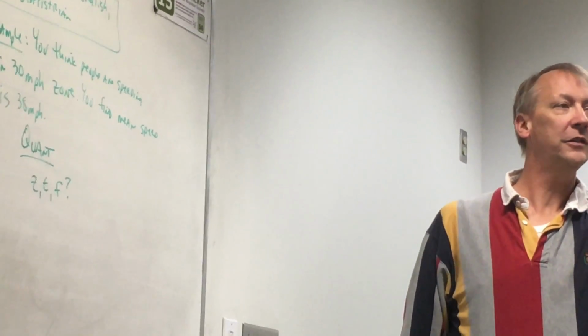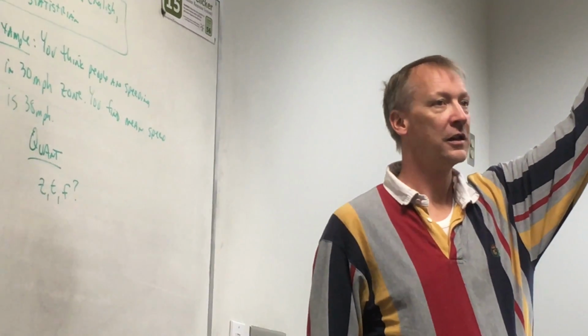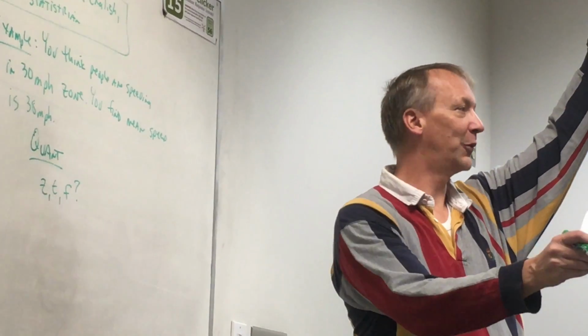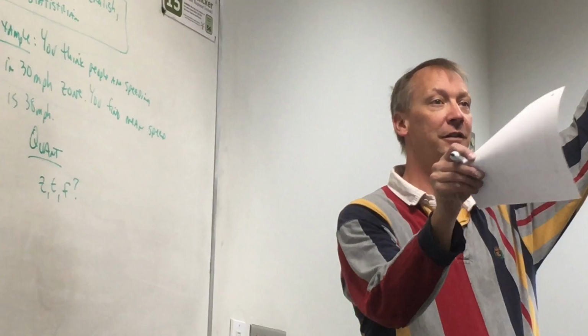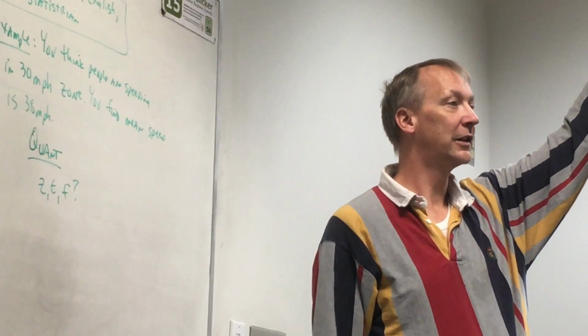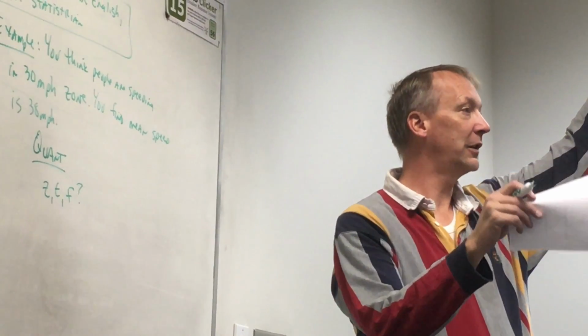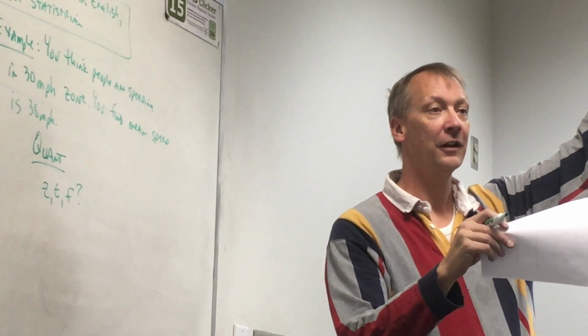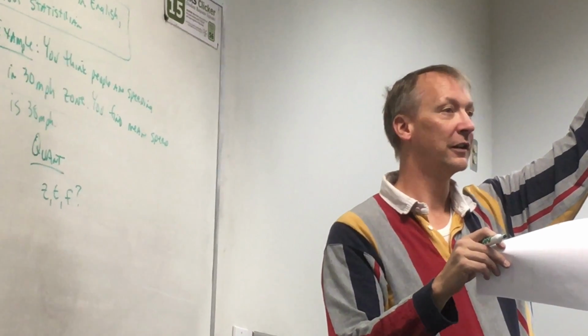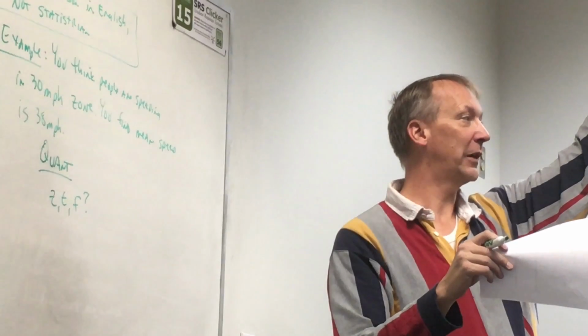Okay, so I'm hearing z's. Who says z's? 1, 2, 3, 4, 5, 6. Who says t? 1, 2, 3. Who says f? Nobody, we haven't learned that one yet, right?